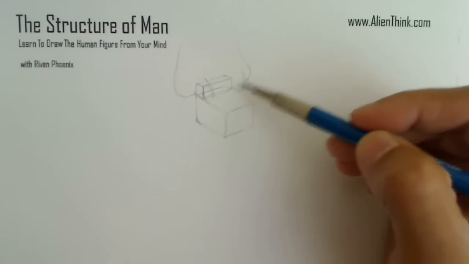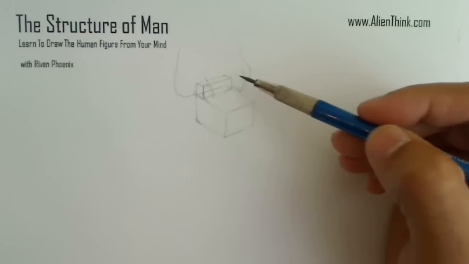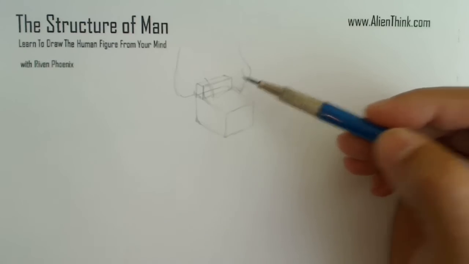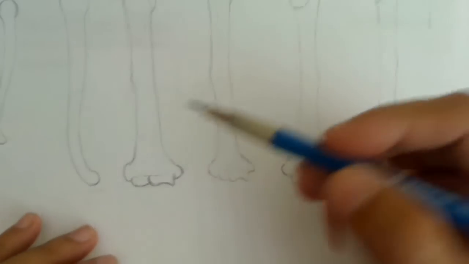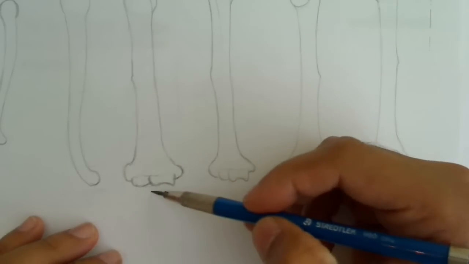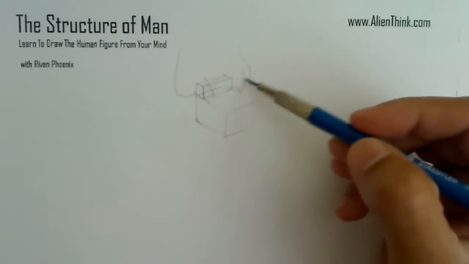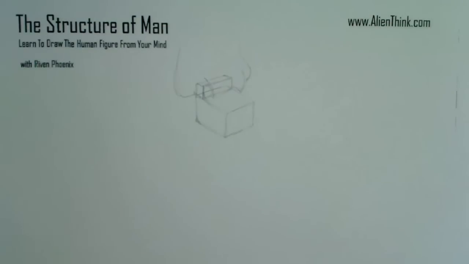If you go back to your formulas, when we understood the humerus bone, this box is sitting right over here. That's what this is.